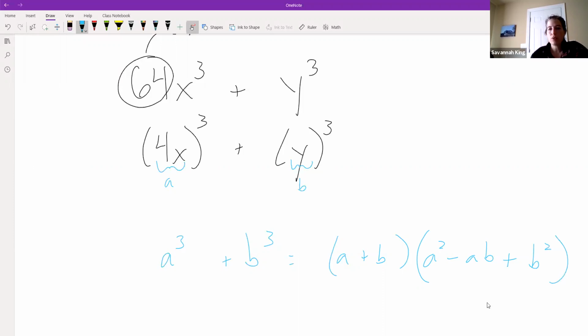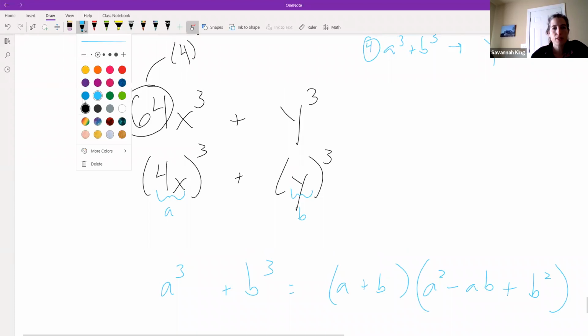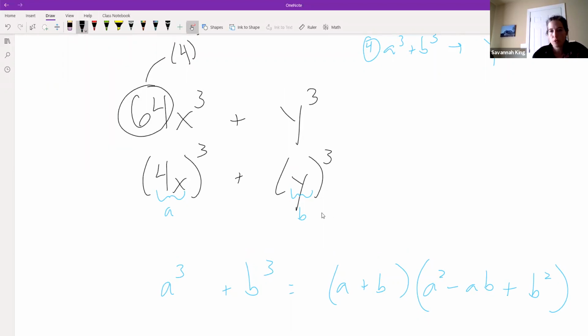Okay. Now, just because these are more complicated formulas than the squared formulas, I'm going to plug what I have in to that formula, but it won't probably be the final answer quite yet.